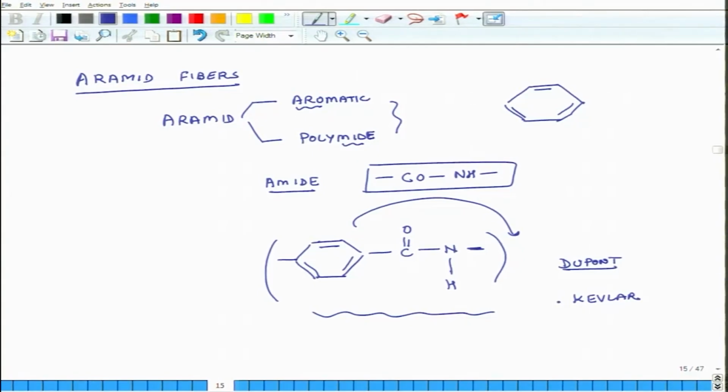And then later a Japanese company, after few years, also developed this type of a fiber, and the chemical structure of these fibers is apparently same, but they gave it a different name. So, these are brand names, Kevlar or Boron fibers, and then there were other names, Nomex and things like that. So, this gives you some overview, but from a scientific standpoint, Kevlar or Boron is an aramid fiber.